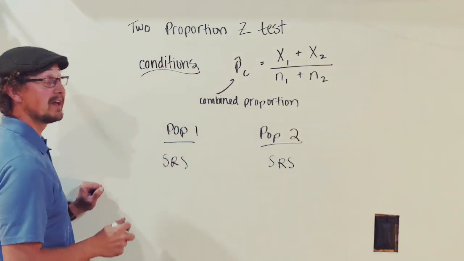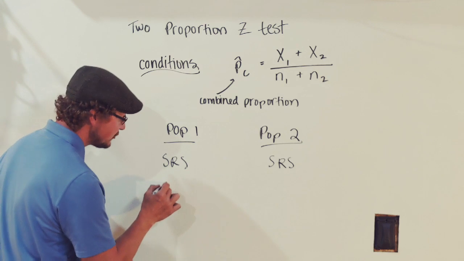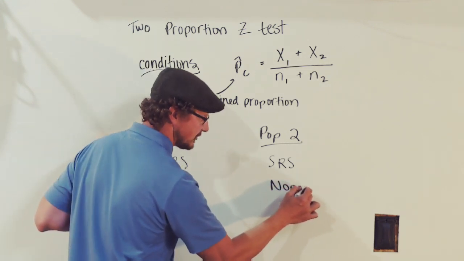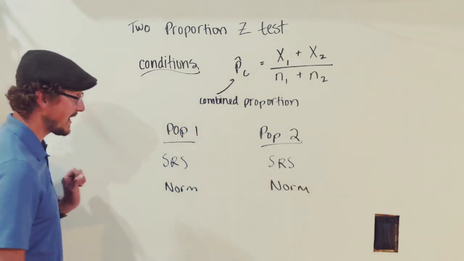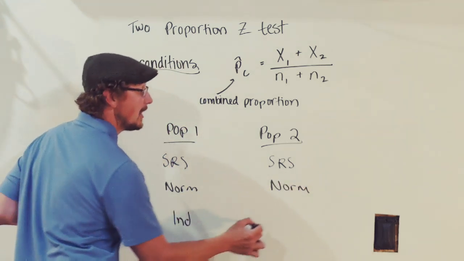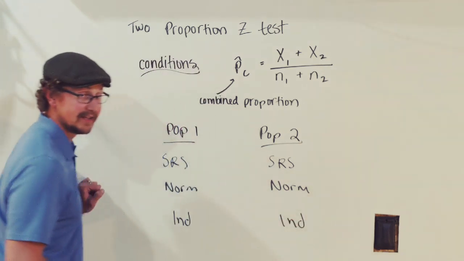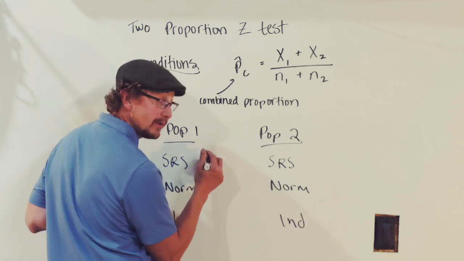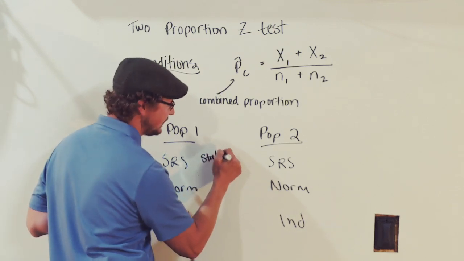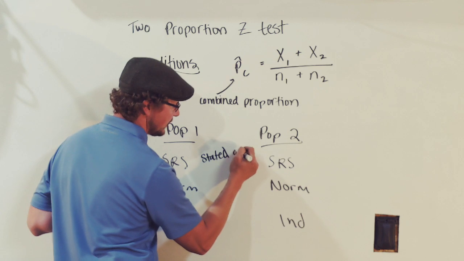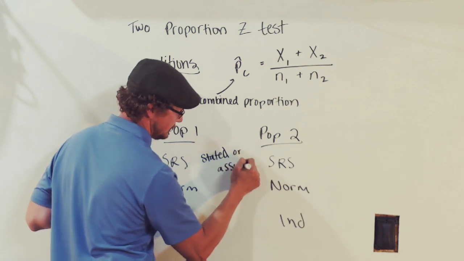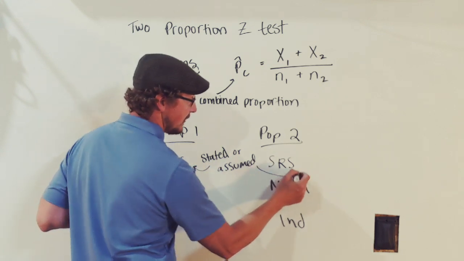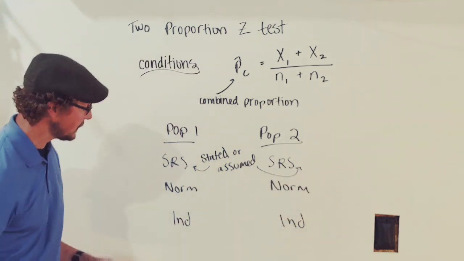We need to show that we satisfy normality for both populations. And we need to show that we satisfy independence for both populations. So simple random sample, again, as it always has been, is either stated or assumed. And we would show that for population 1 and population 2.